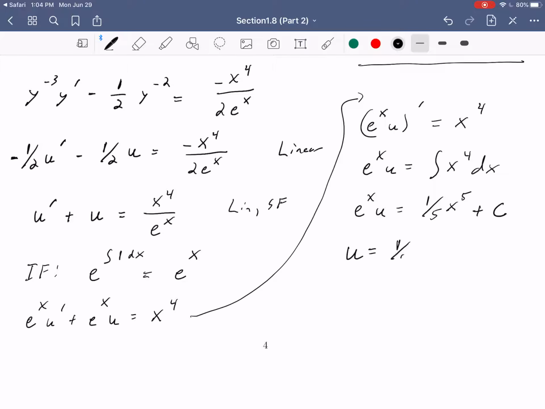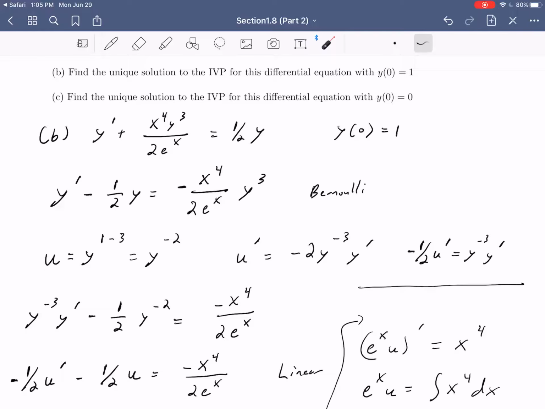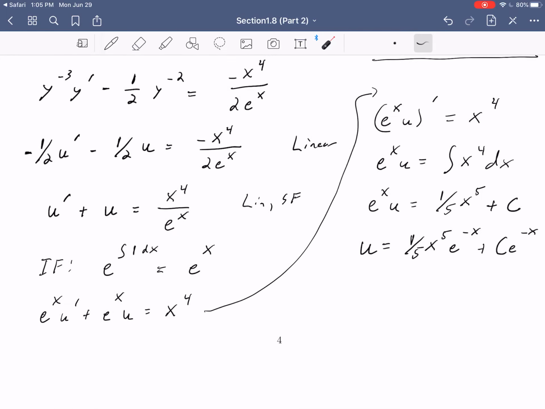So 1/5 x to the 5th e to the negative x plus c e to the negative x, we could call it, or we could write this whole thing over e to the x, whatever you like. And then we can plug back in that u was y to the negative 2. So we get y to the negative 2 is equal to 1/5 x to the 5th e to the minus x plus c e to the negative x.